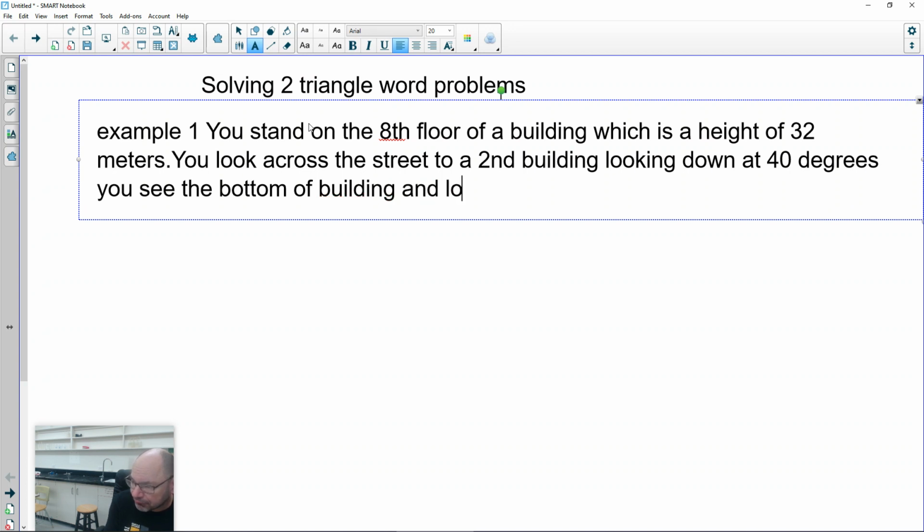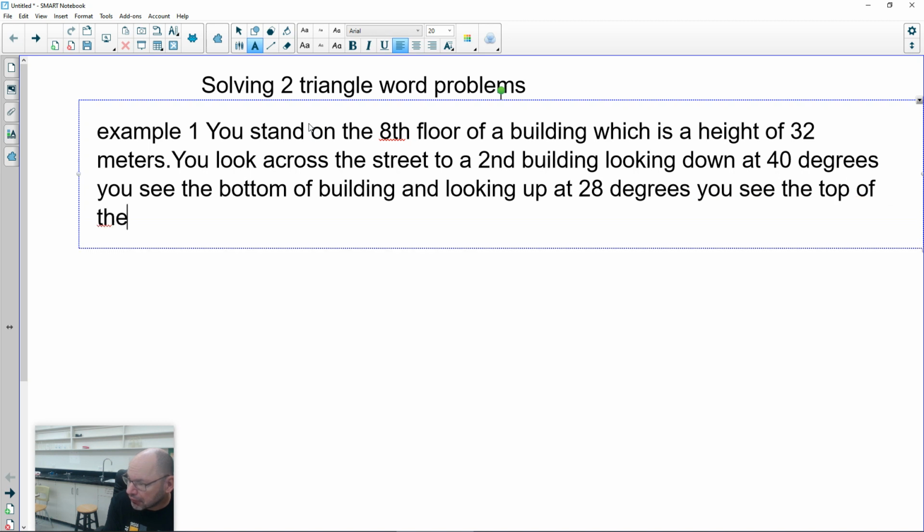And looking up, let's say at, I don't know, say 28 degrees, you see the top of the building. And the question is, determine the height of the second building.